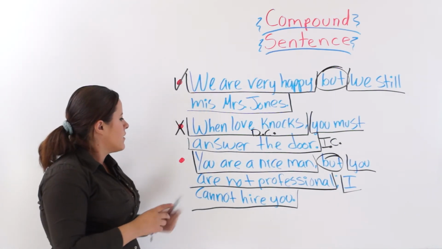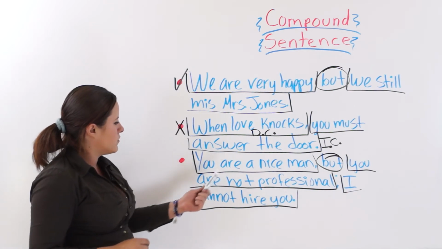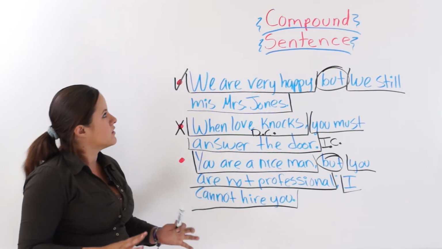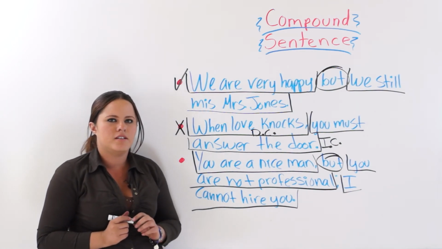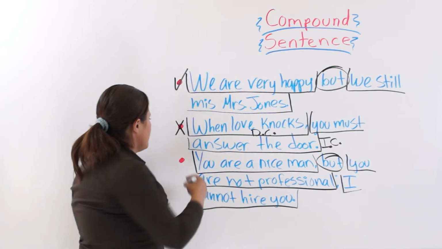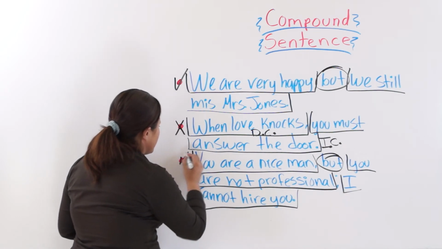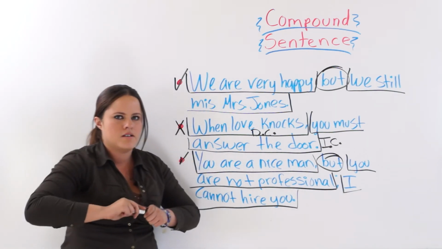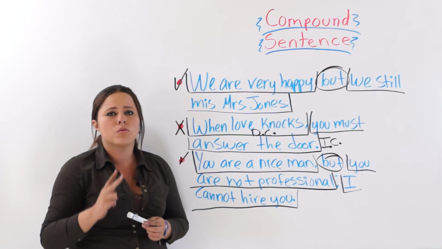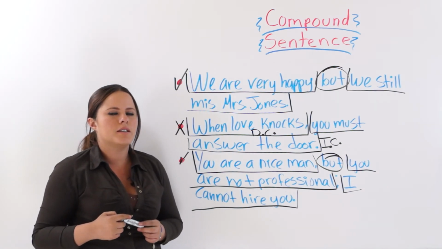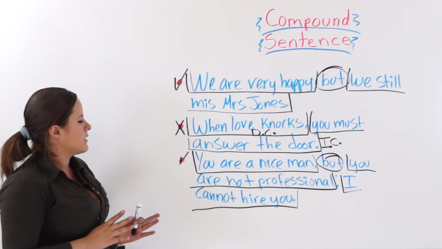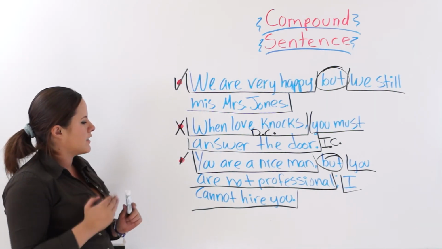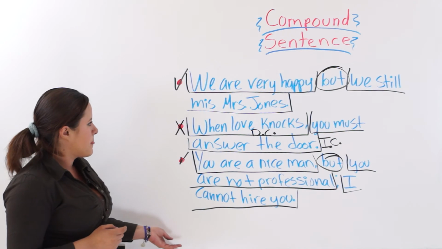All right, so we have three independent clauses, 1, 2, and 3. Is this a compound sentence or not? Yes, it is. Why? Because a compound sentence has 2 or more independent clauses. Right? So you are a nice man, but you are not professional. I cannot hire you. All right?